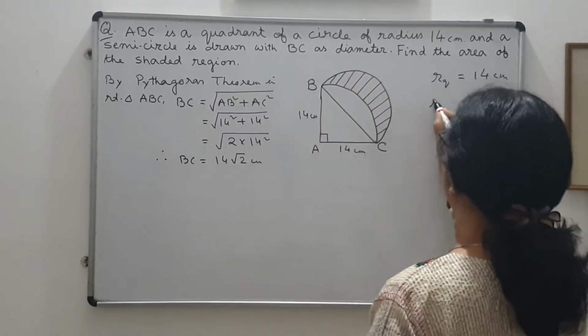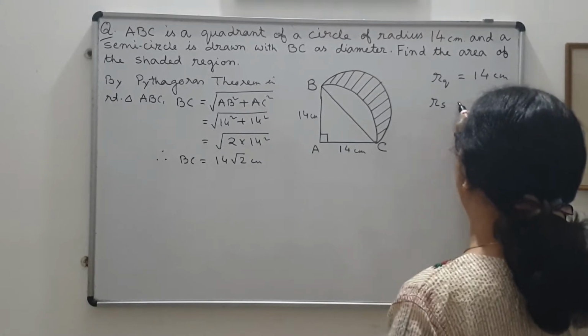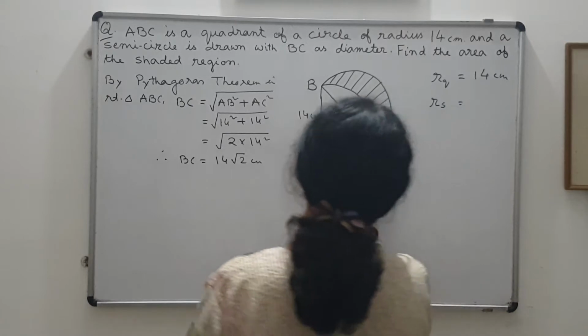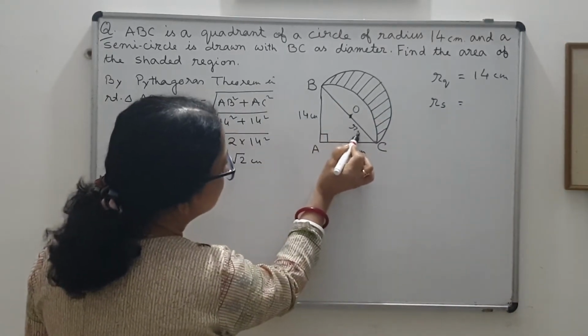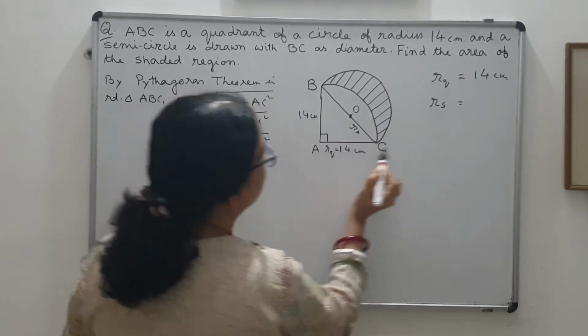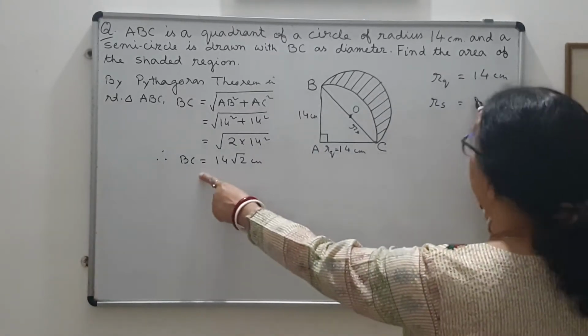So therefore, the radius of the semicircular part, if this is the center, say O, this is your radius of the semicircular part and this is actually your radius of the quadrant part. So this will be BC by 2.